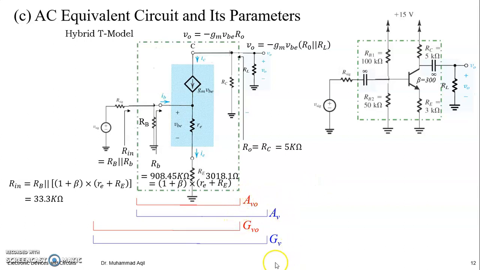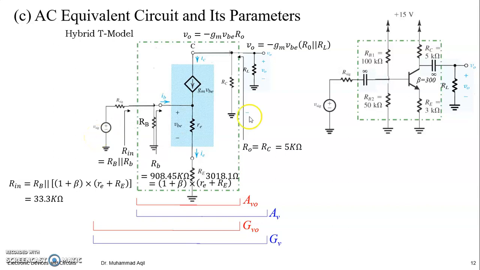The voltage gain is nothing but the output voltage, this one or this one, depending on whether we are talking about AV naught, GV naught, or AV or GV, to the input voltage. In the case of AV naught and AV, it will be the input at the stage, and in the case of GVs, it is the input of the amplifier, the V signal.